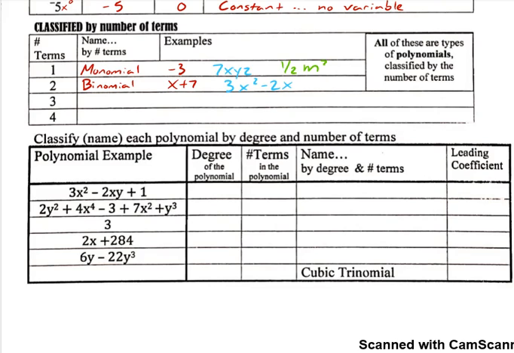The next one is a trinomial, 3. An example would be like 3x squared minus 4x plus 7. Another example could be just like a plus b plus c.